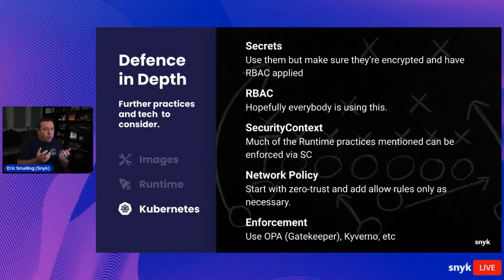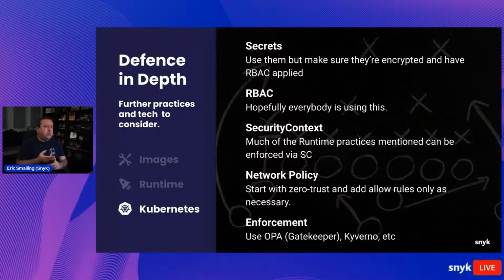Finally, core Kubernetes things. We could talk about this forever, but some of the big ones are secrets. Yes, they're great. However, if you're in a shop that's doing their own Kubernetes hosting, doing a kubeadm install, make sure your operators are encrypting those secrets at rest. By default, if you don't do anything, your secrets are just base64 encoded in etcd, and if somebody were to get in and get etcd access, they would have the payloads of your secrets.